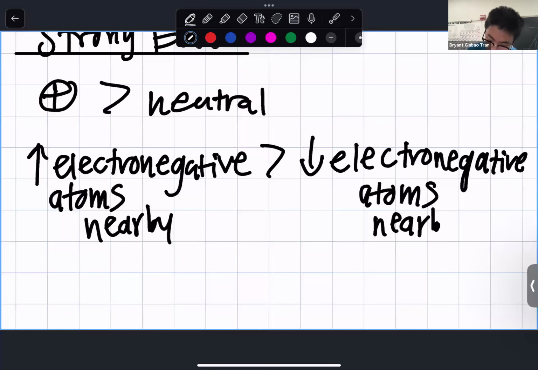If you have electronegative atoms nearby, that atom becomes more positive, which makes it a better withdrawing group because it wants to gain more electrons. So it's like the electrophile rule. An electrophile becomes better if there are electronegative atoms nearby.